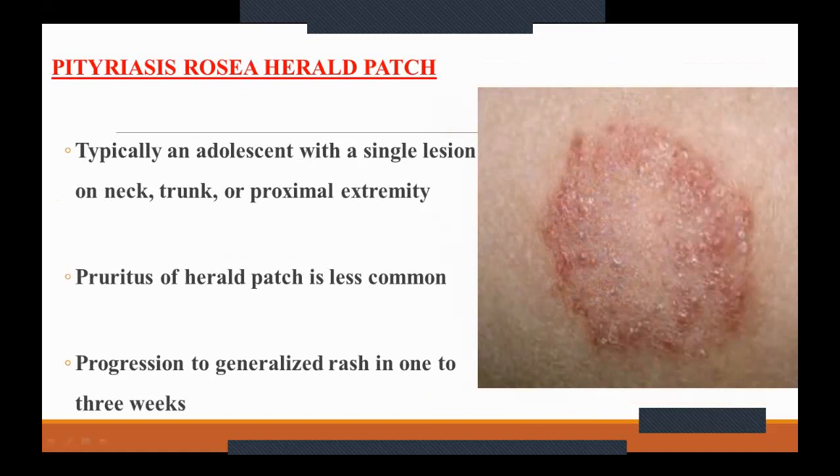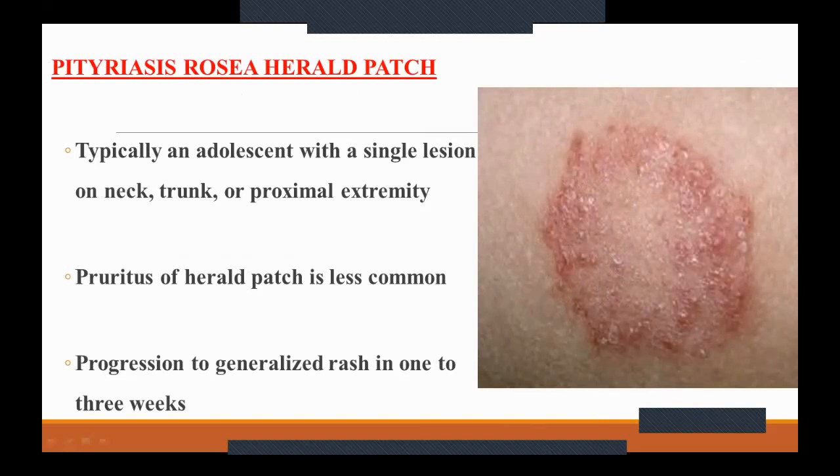Herald patch or mother patch: we know that pityriasis rosea is an allergic phenomenon which occurs after viral infections or might occur after seasonal changes. The initial patch which appears is a mother patch or a bigger patch, also called the herald patch, which is followed after a few days by similar but smaller daughter patches all over the body.